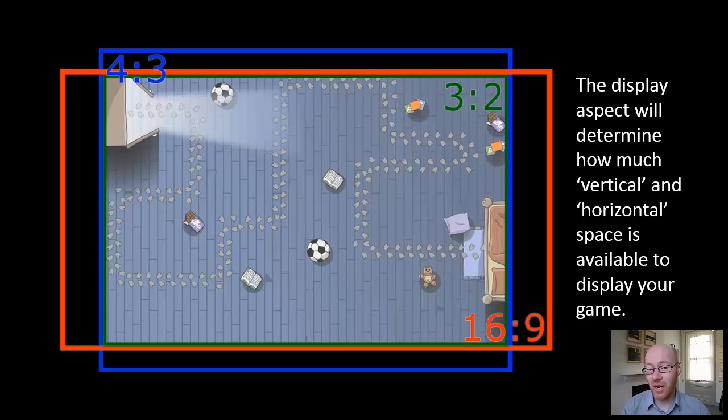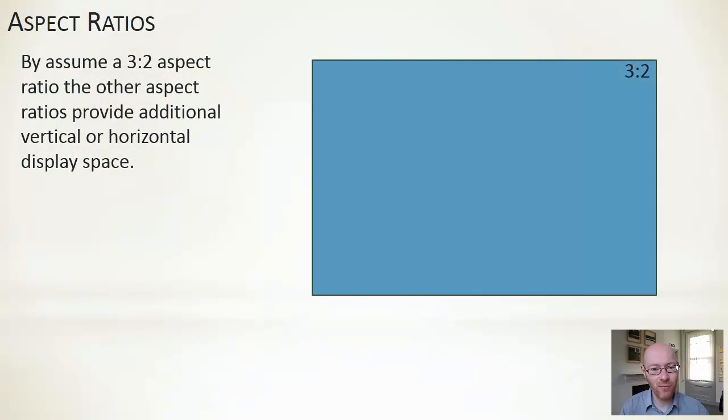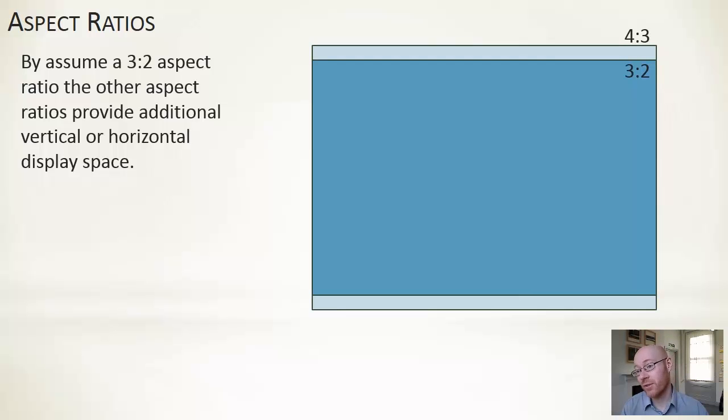As a little bit of general advice, if you assume a 3:2 aspect ratio, that's a good safe one to assume. Then the other views simply give you additional horizontal or vertical space. So 4:3 gives you a little bit of vertical space, and 16:9 and 16:10 give you some additional horizontal space.